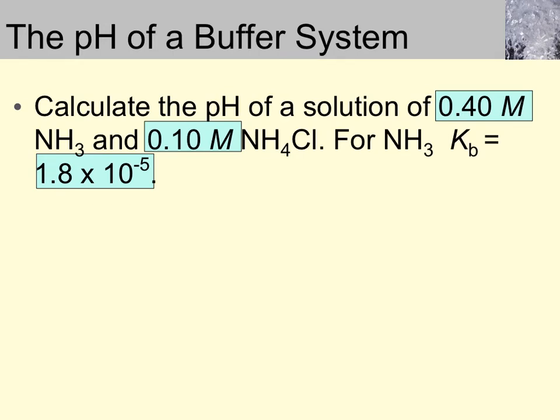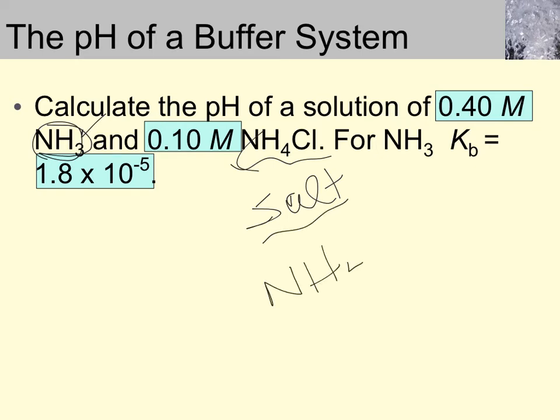All right, here's another one, and this is a buffer made from a weak base. Instead of a weak acid, it's made from a weak base and its conjugate acid. And again, this is a salt, an ionic compound, right? And so to get used to the purpose of that, remember to go ahead and dissociate them into the cation and the anion.